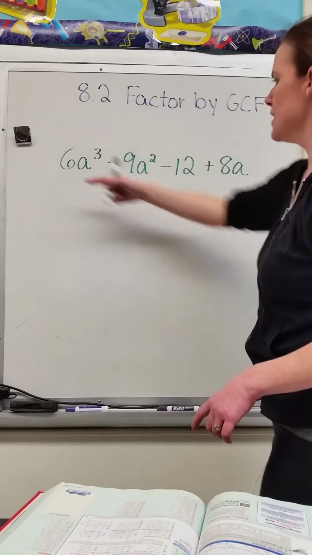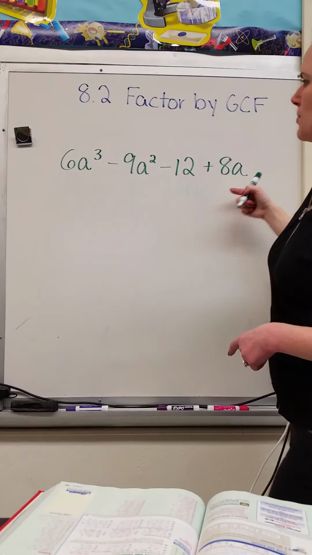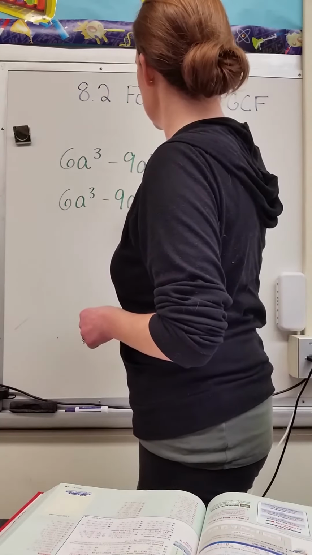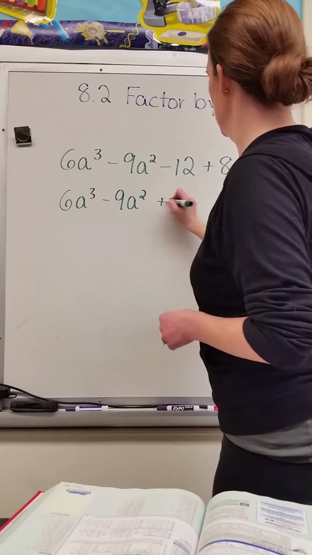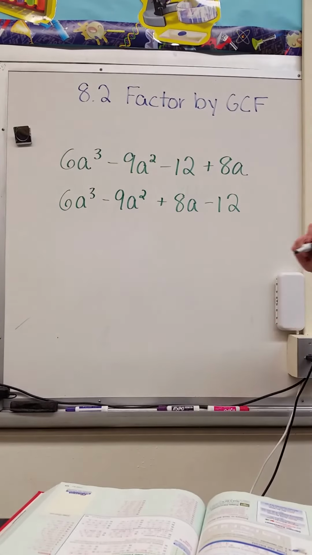Because it's not written in order, you would have to switch it to 6a cubed minus 9a squared plus 8a minus 12.